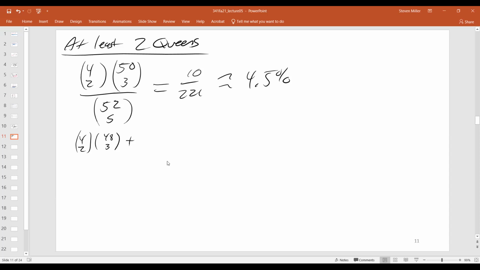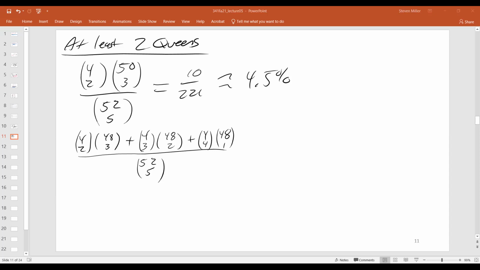And if they're mutually exclusive and they're exhaustive, they sum to every possibility. So could you do 4 choose 3? Yep. And then what would it be? 48 choose 2. And last would be 4 choose 4, 48 choose 1. Divided by 52 choose 5.